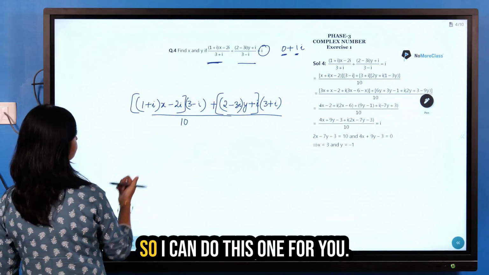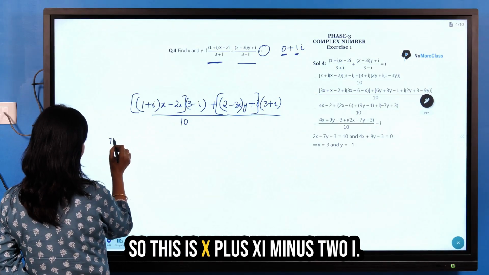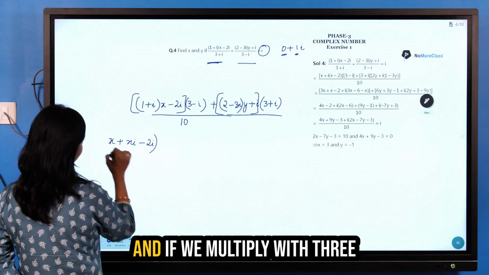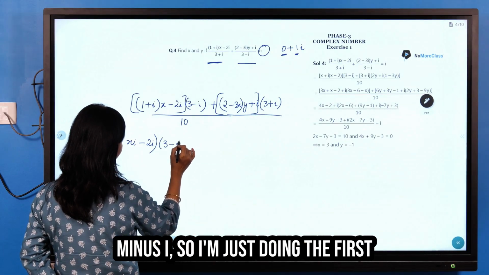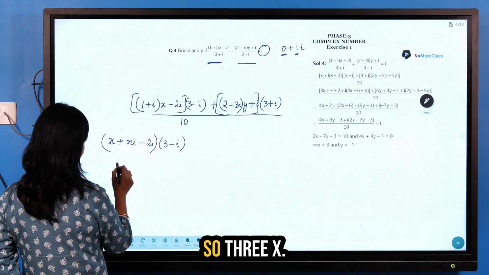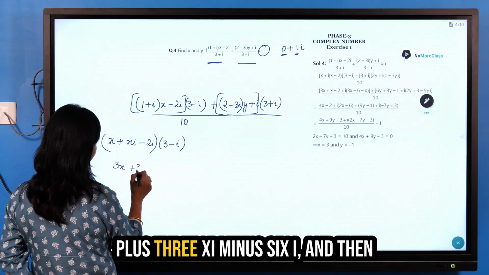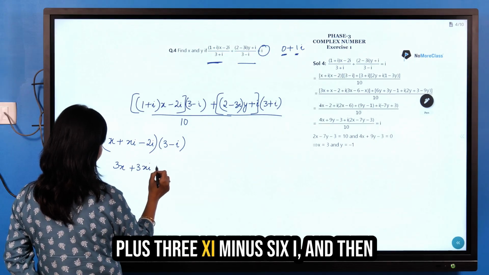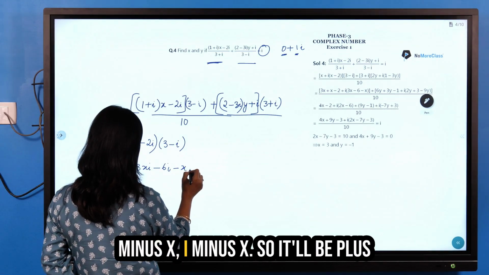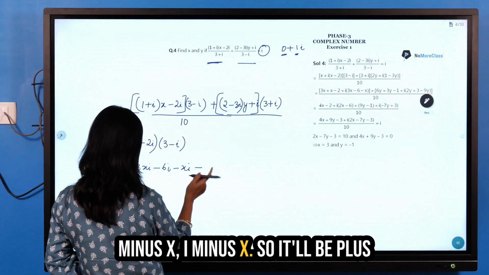So I can do this one for you. So this is x plus xi minus 2i. And if we multiply with 3 minus i, I'm just doing the first part of the numerator first. So 3x plus 3xi minus 6i and then minus xi minus x i squared.